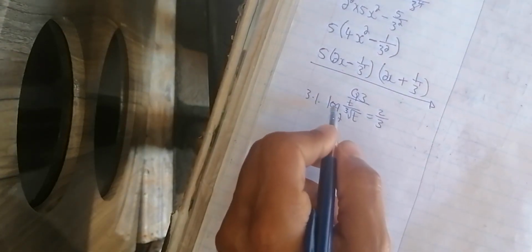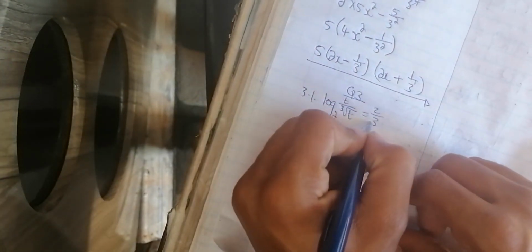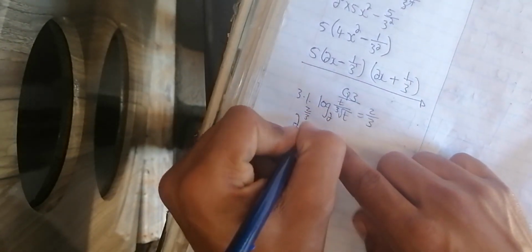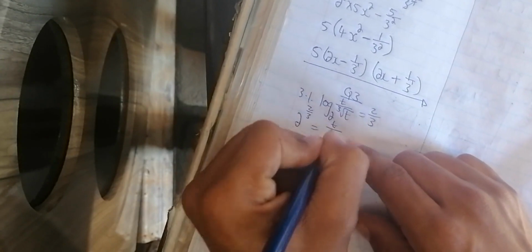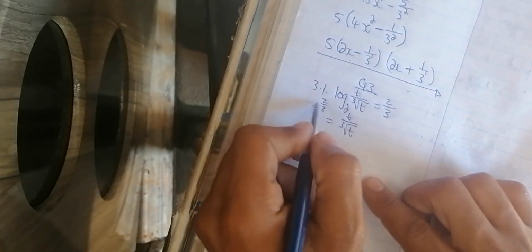That I can change this from logarithmic to exponential. I can have 2 to the exponent of this being equal to that, which is equal to t times the third root of t. I can have this. Right, solve for t.